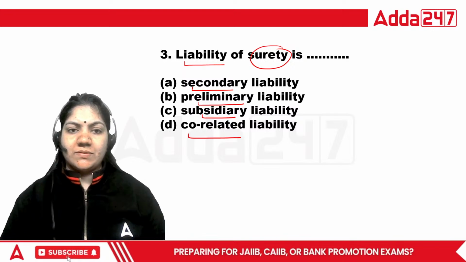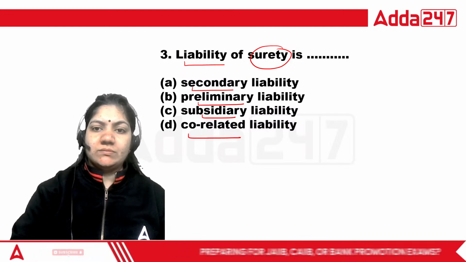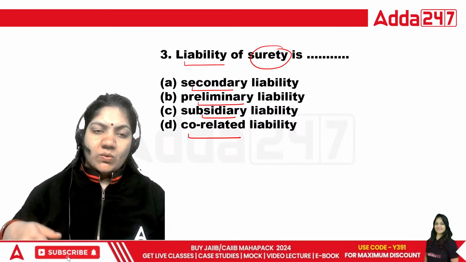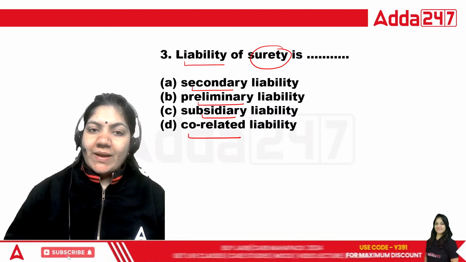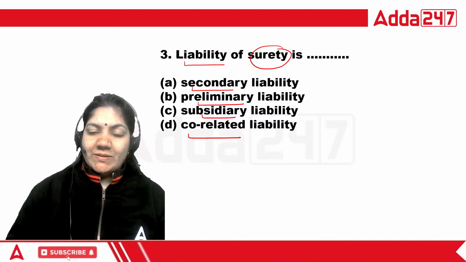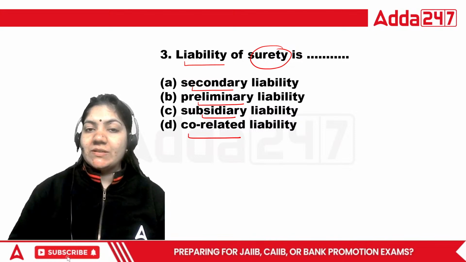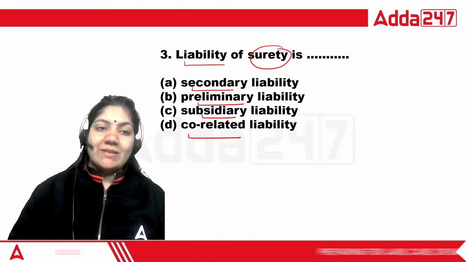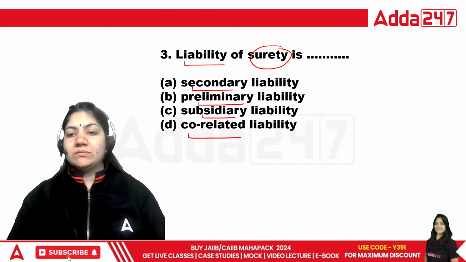What is the right answer? We know that the primary liability is of the principal debtor. So when the principal debtor is not able to pay the money, in that case, who will be liable?